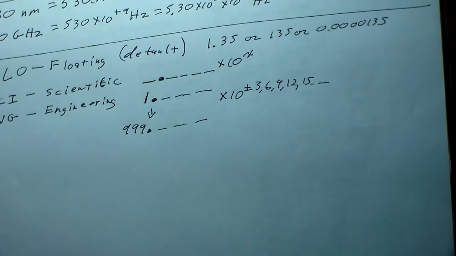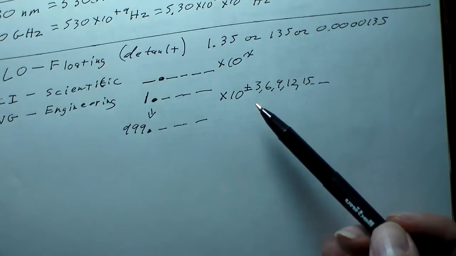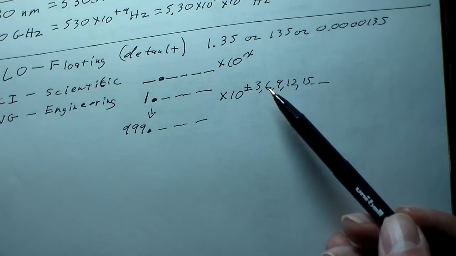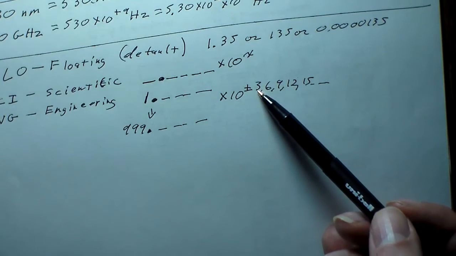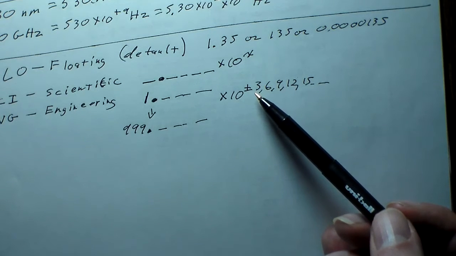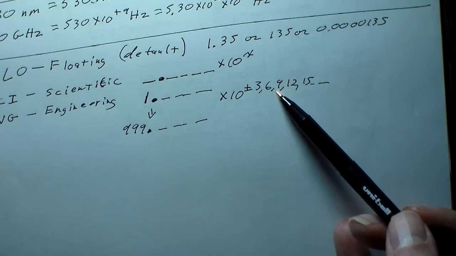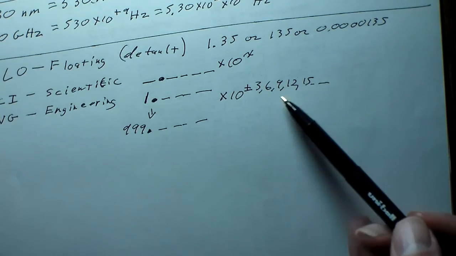And what it's doing here is using the exponential notation like for the units. So we're going to be seeing a little bit later that 3 is going to be either your kilo or your milli, 6 is going to be your mega or your micro, 9 is giga or nano, and so on.